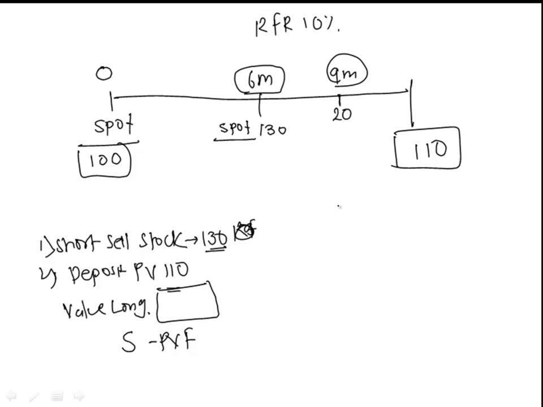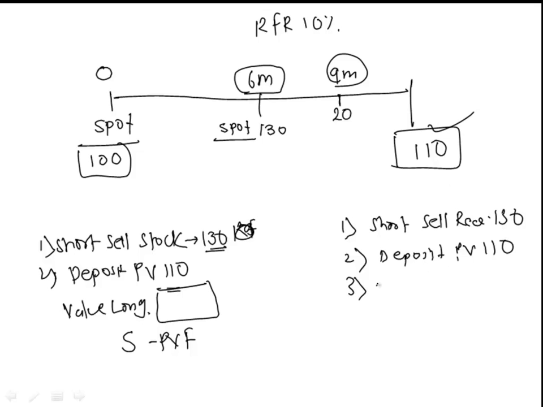So you would short sell the stock and receive 130. But out of this 130, you will be required to deposit present value of 110 to take care of this obligation, and you would also deposit present value of 20 to take care of this obligation.